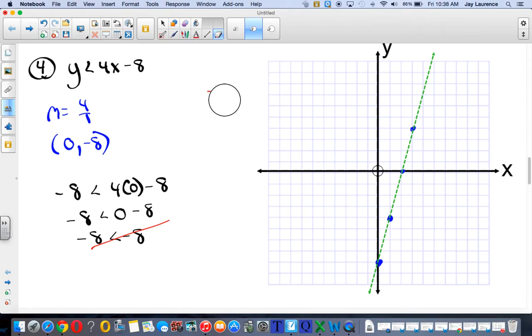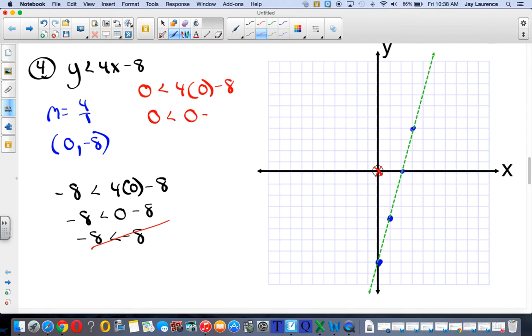Now I still have to do my test point and figure out where the shading is, because that's where all the real solutions are. So I love to use 0, 0, especially when the line does not go through the origin. So 0 is less than 0 minus 8. 0 is less than -8.